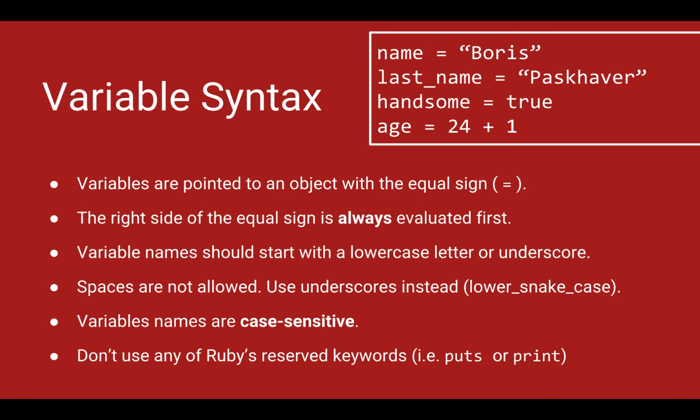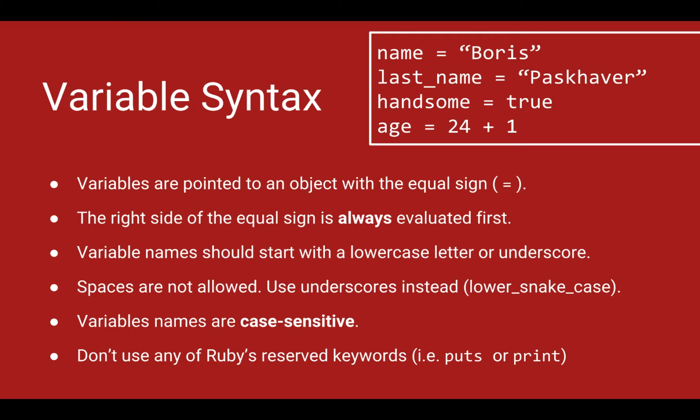Again, it just makes it confusing for the language to figure out what you want to do if print both means a command to output text and also a variable name that's pointing to some kind of string. So don't ever use any of Ruby's reserved keywords in your variable names. Of course, having a variable name like print_something is totally okay because it's different, but don't use any literal Ruby keywords like literally puts or literally print as your variable name to avoid any errors.